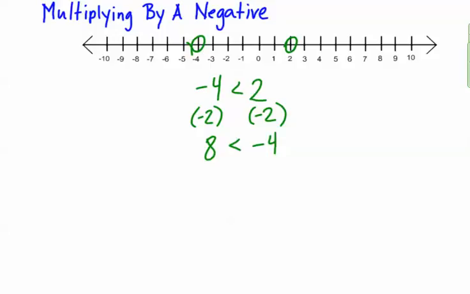So is this true? If I bring down the inequality sign, is 8 less than -4? No, not at all. In fact, the relationship has reversed. 8 is actually greater than -4. So we can see that when you multiply by a negative, in this case we had to flip this sign, and this would be true at all times.